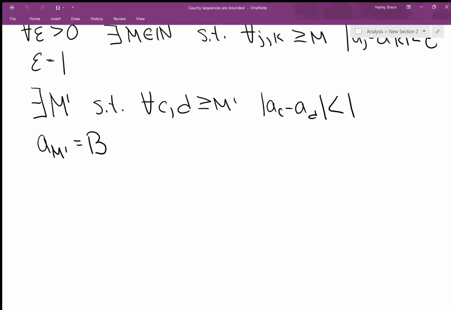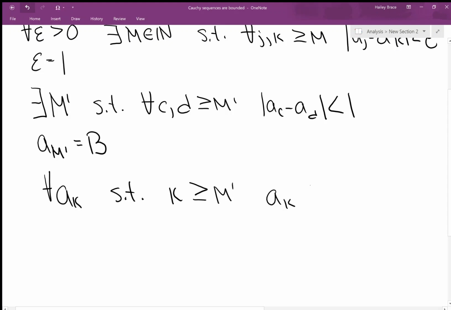So now we're going to write for all a_k such that k is greater than or equal to m prime, a sub k is less than B plus 1.